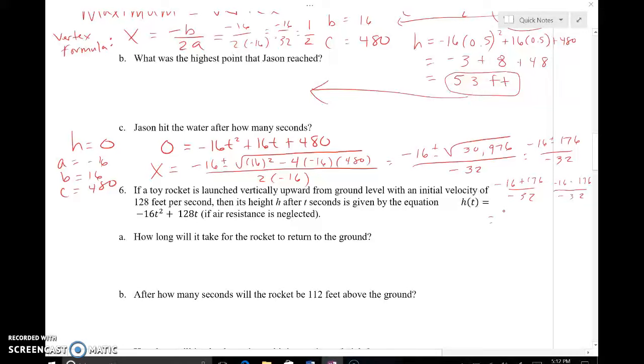Negative 16 plus 176 is 160 over negative 32, and negative 16 minus 176 will be negative 192 over negative 32. Then 160 divided by negative 32 is negative 5, and 192 divided by 32 is positive 6.